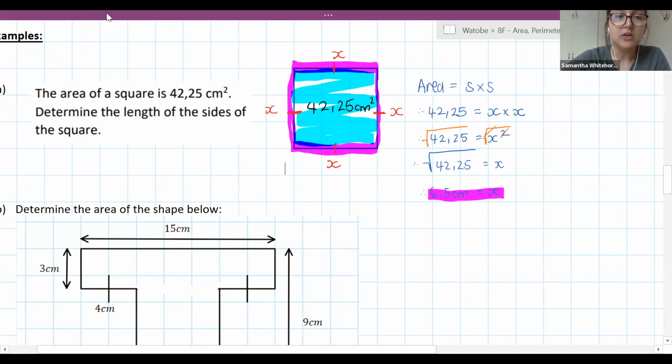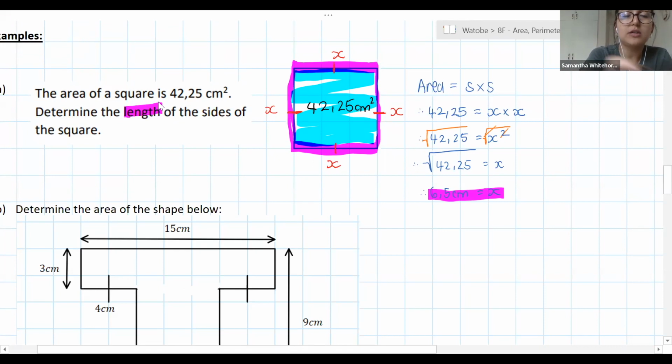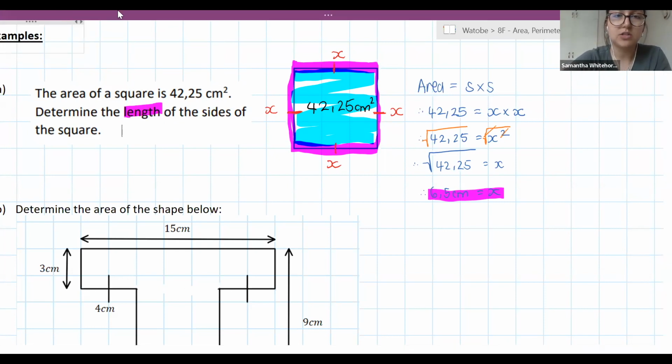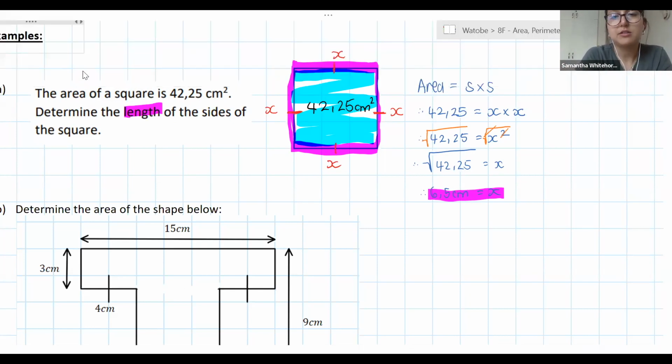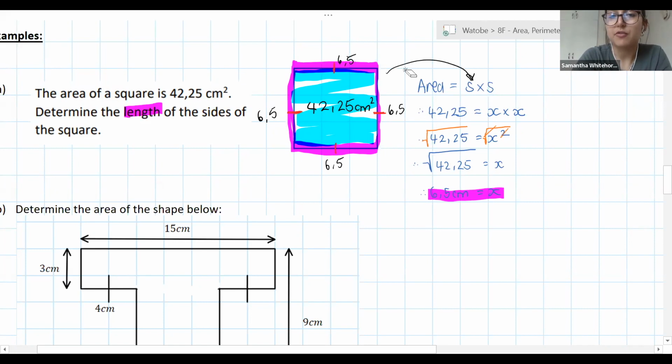Now, importantly, we're looking at a length. So we're not looking at an area. So there's no squared to our answer. It's just centimeters. And we can go and check this, because now I've established what my side lengths are. So if I now know that this is 6.5, 6.5, and so on, if I want to double check if my answer is correct, I can substitute it back into my area formula.